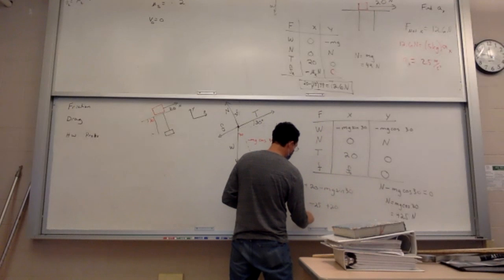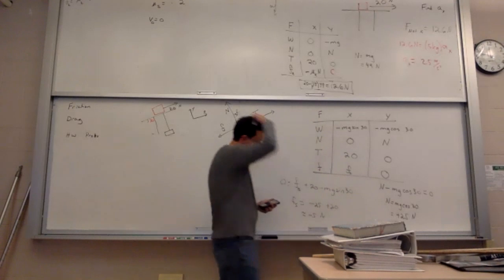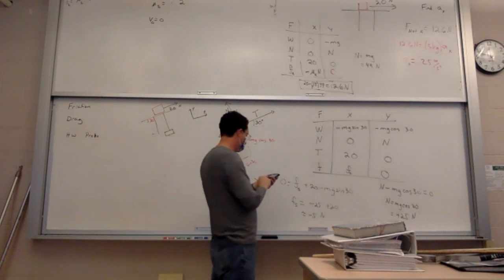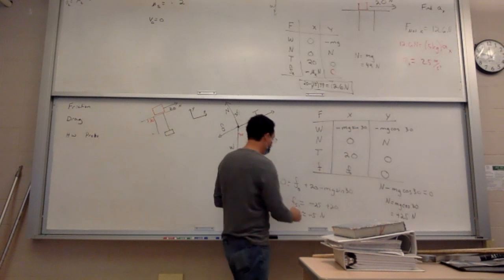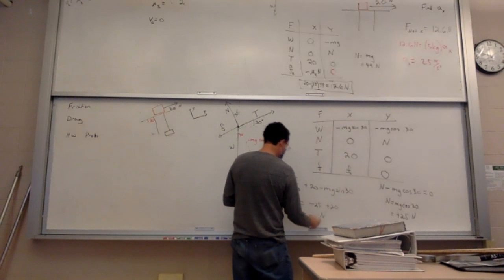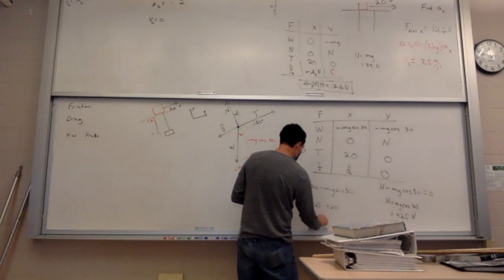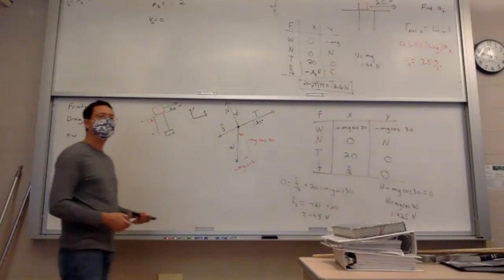So it's about negative 5. I'll do it here: 20 minus 5 times 9.81 sine 30. Okay, so negative 4.525.